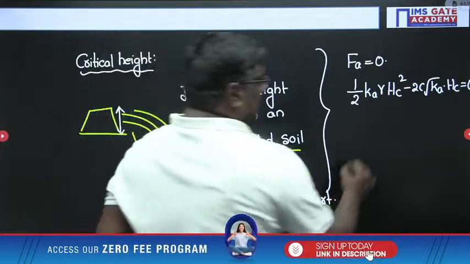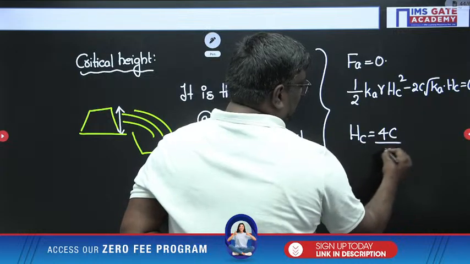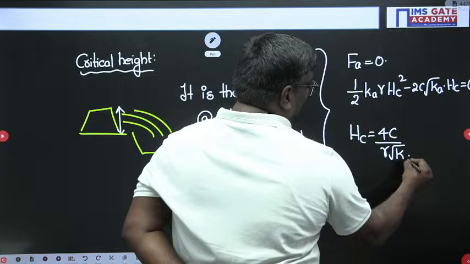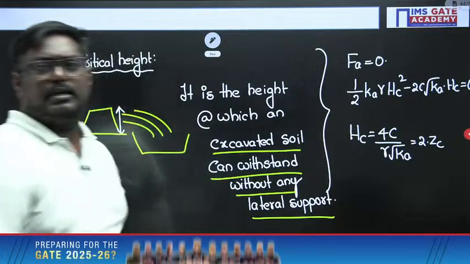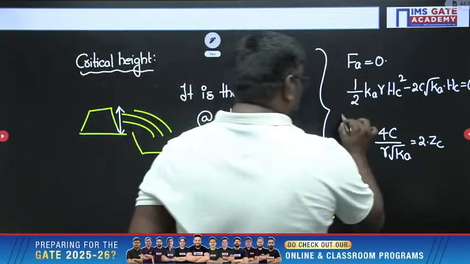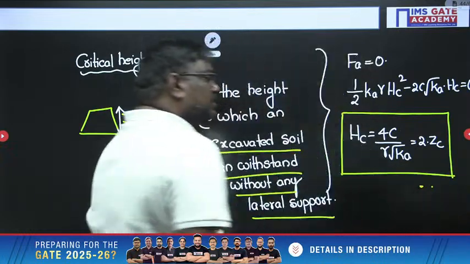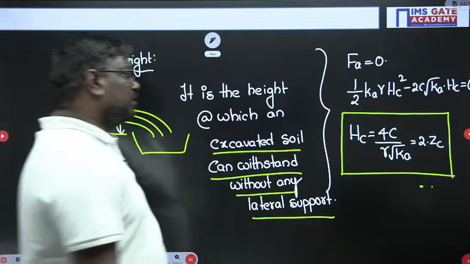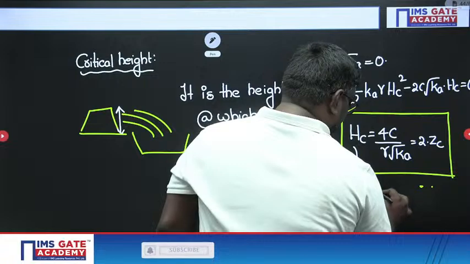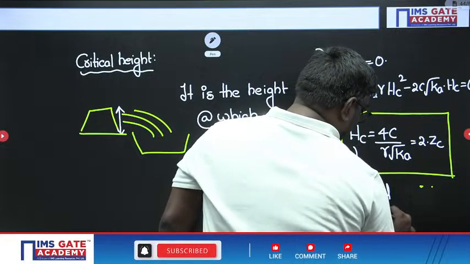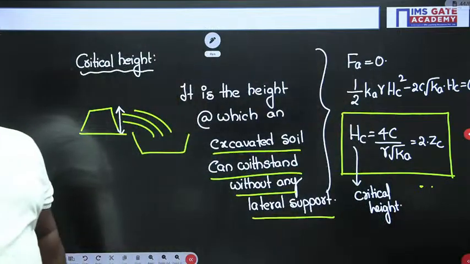So from this very important formula, hc can be written as 4c by gamma root Ka, or you can write it as 2 into zc. So hc is called critical height. Clear, my dear students?